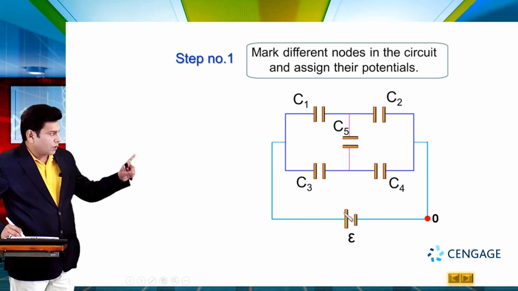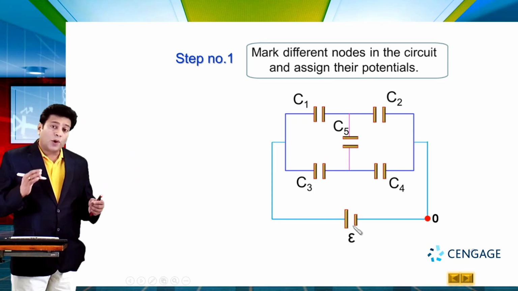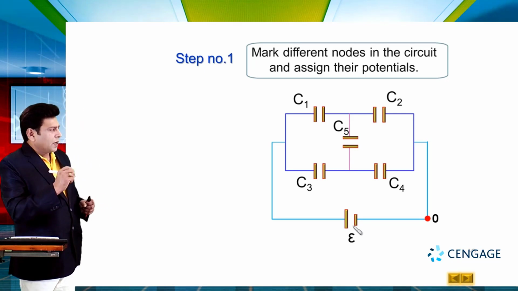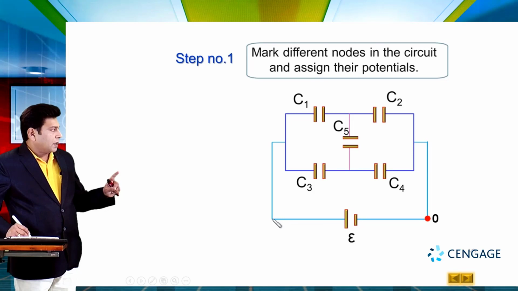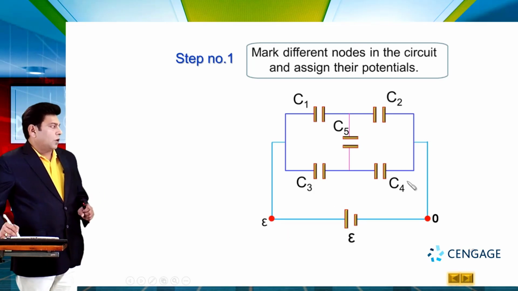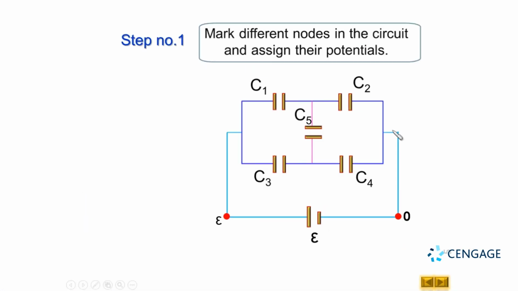Now you can observe the EMF of this battery is E, that is the potential difference across this battery is E, and we have assigned 0 volt to the negative plate. Then we can write E as the potential of this point, that is the potential difference across the battery. So this is E. Now you can observe this wire does not have any circuit element, that is battery, resistance or capacitor.